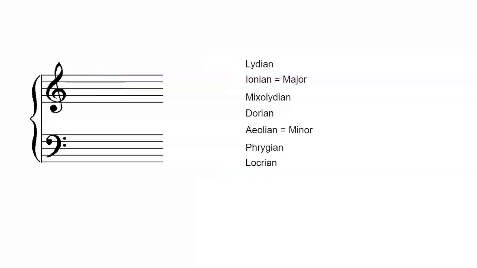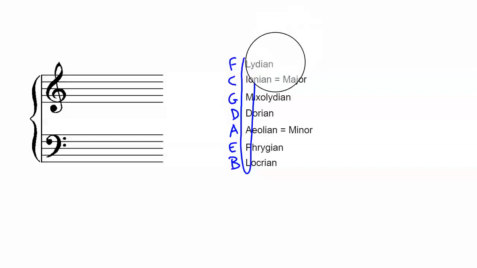So as long as I remember my order of sharps, F, C, G, D, A, E, B, and my limbed apple, then I can do this with any of the notes and figure out what key signatures any key or mode would have.